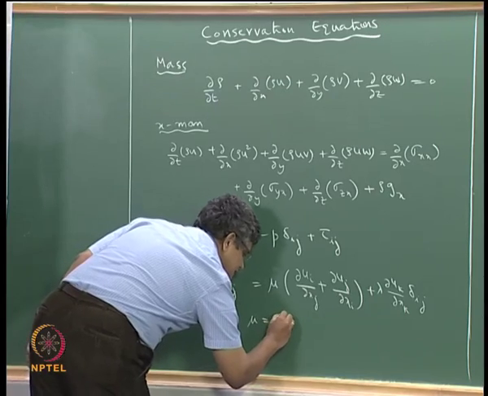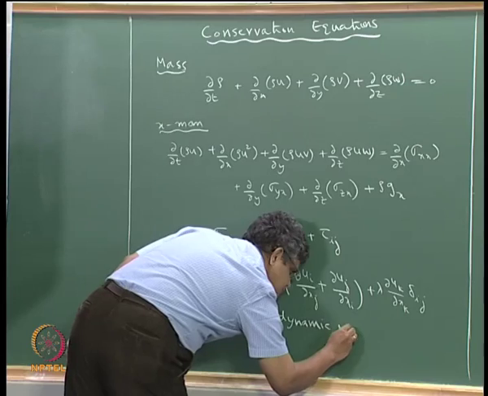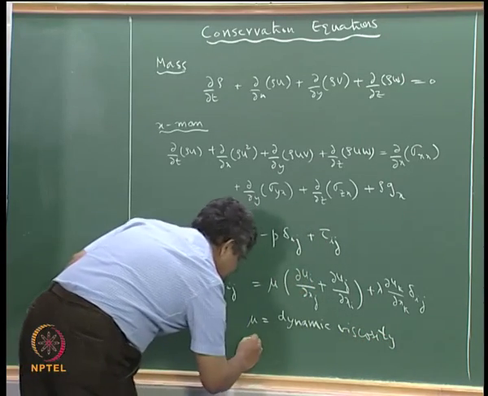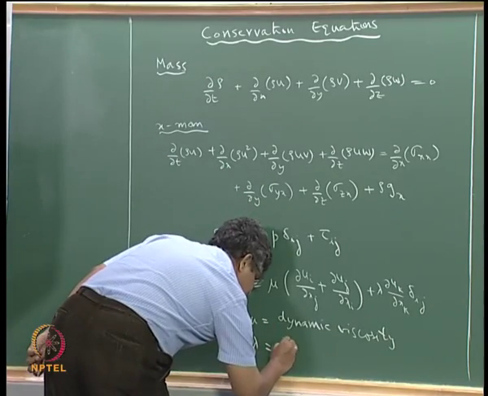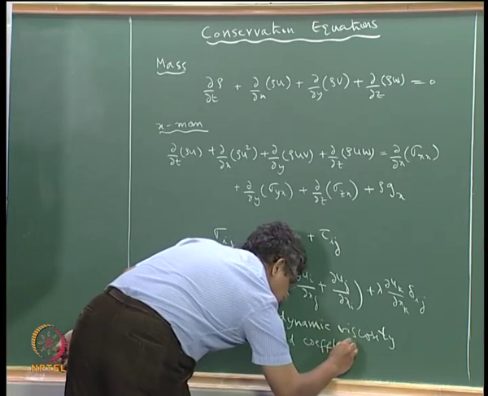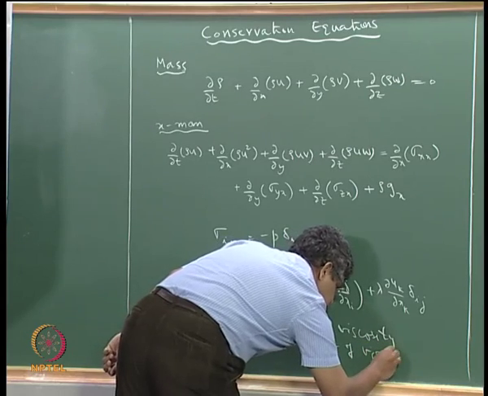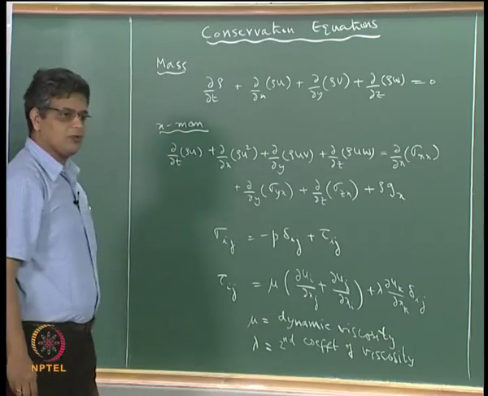Mu is the dynamic viscosity and lambda is the second coefficient of viscosity. It is also known as the bulk viscosity.